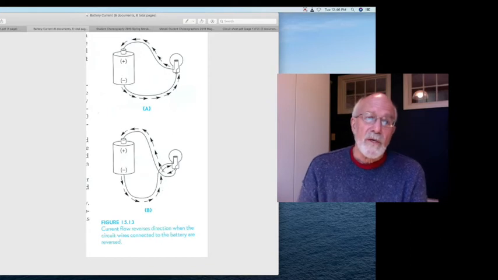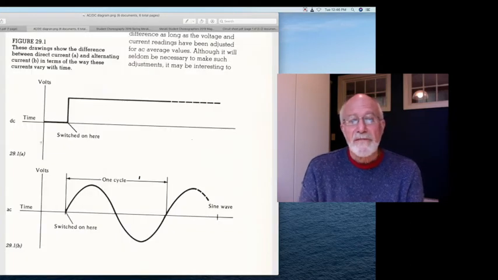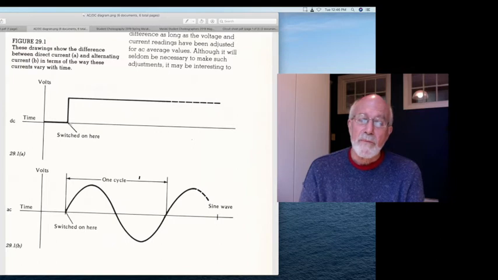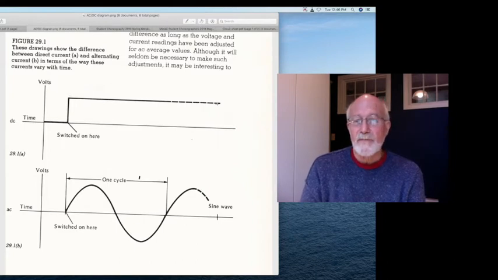Whereas if you turn on a system that is running direct current, the current goes up to a certain level, and we'll get to that in a minute, and it flows steadily.